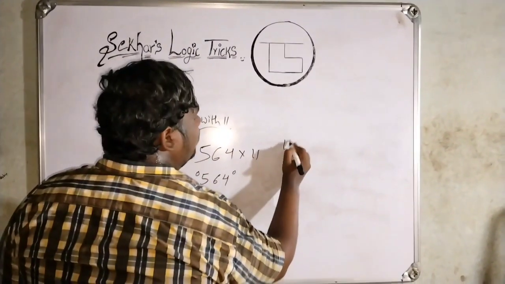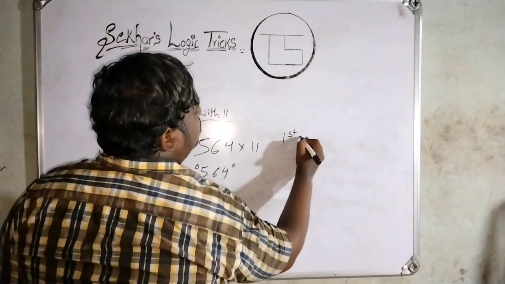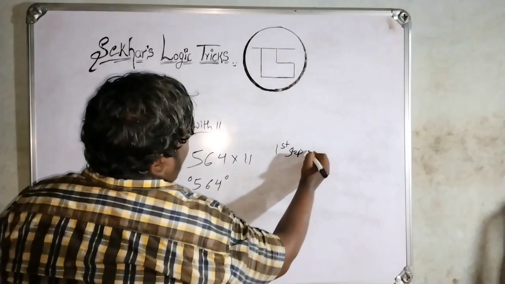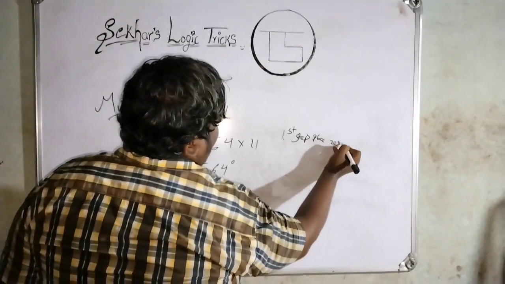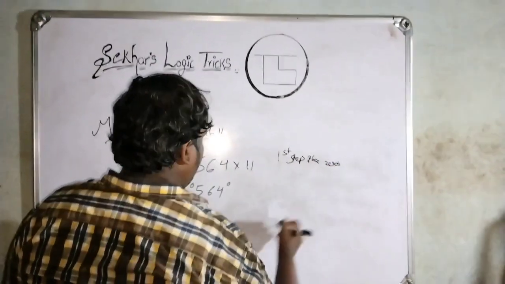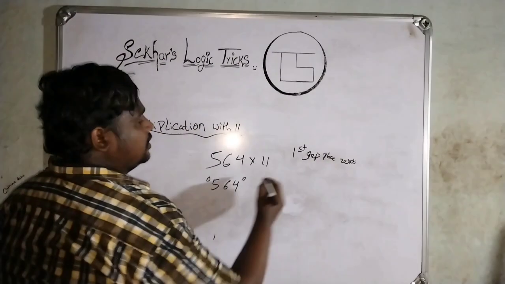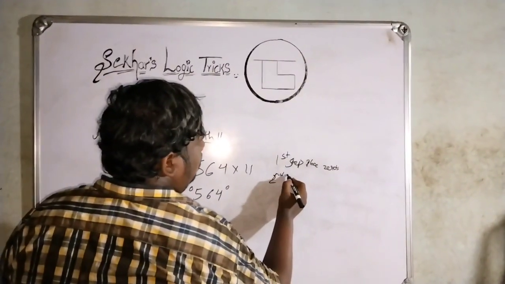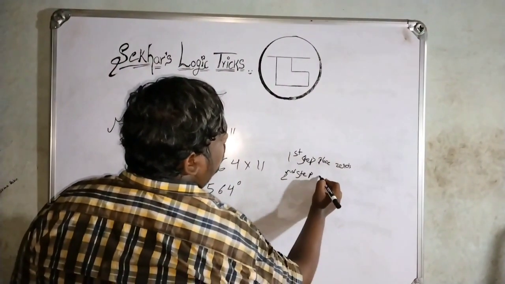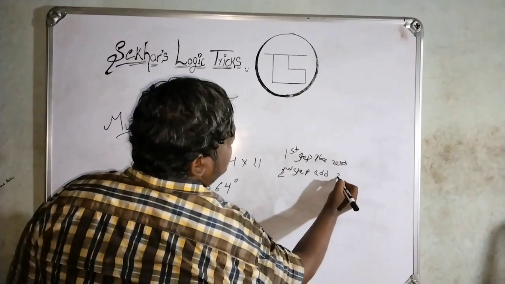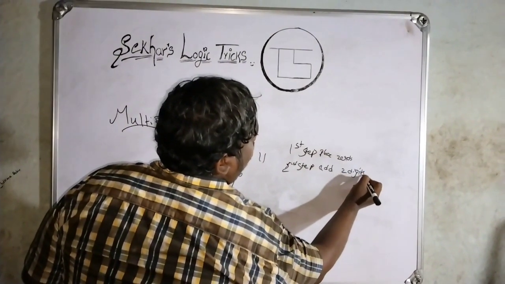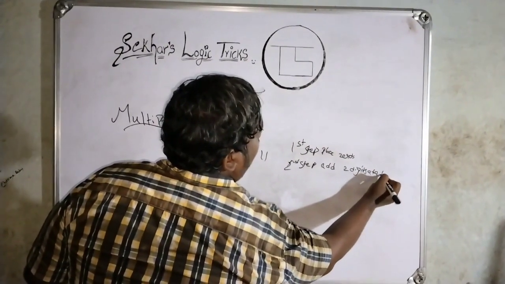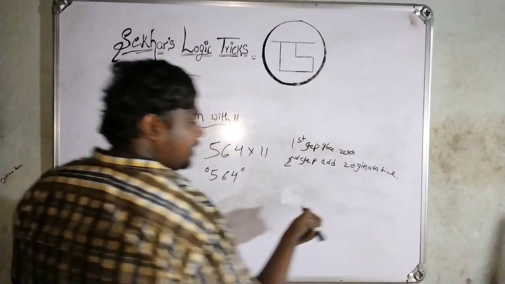First step is placing zeros. Second step is adding two digits at a time.